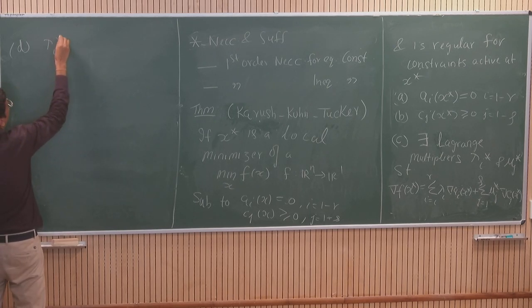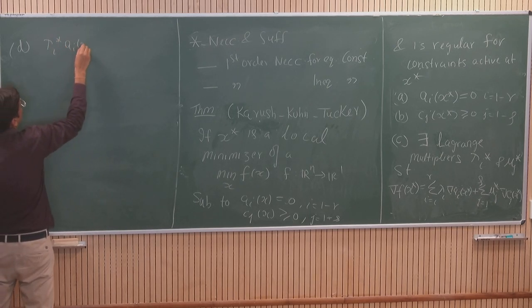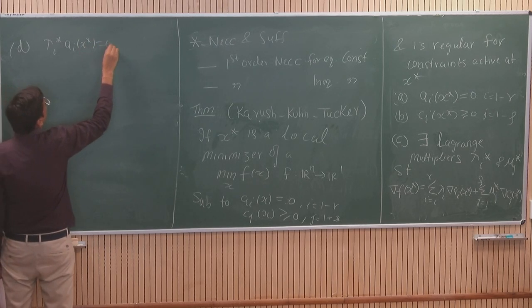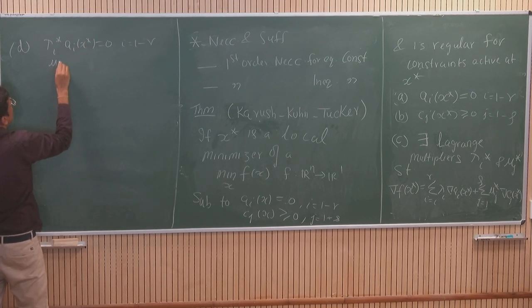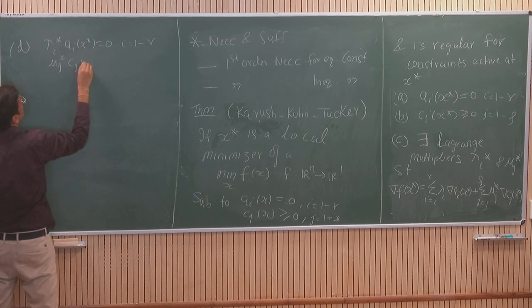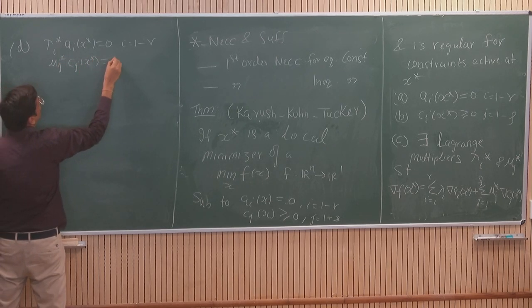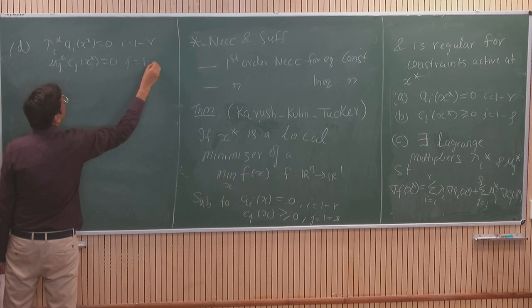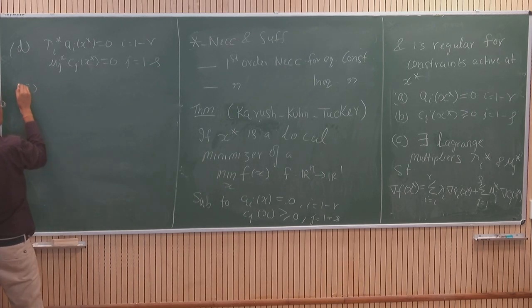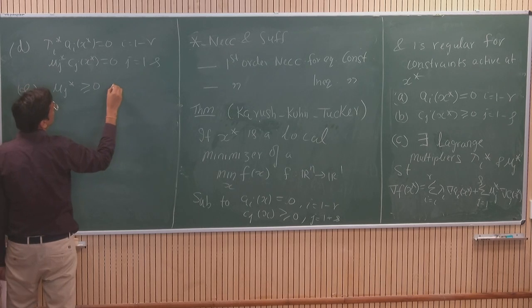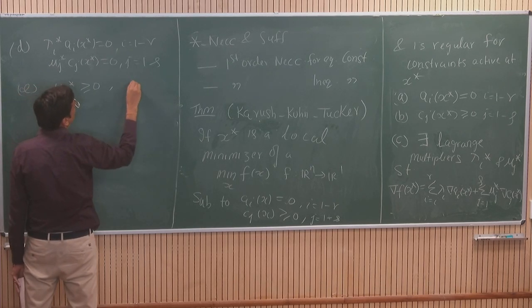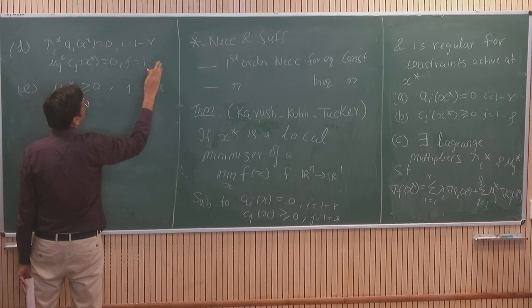So it says lambda_i star times a_i of x star is equal to 0, i going from 1 through r, and mu_j star times c_j of x star is again equal to 0, j going from 1 through s. And there is a last condition which says mu_j star is greater than or equal to 0, with j going from 1 through s.